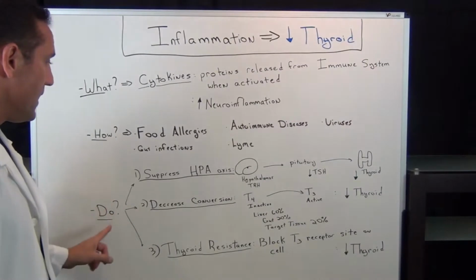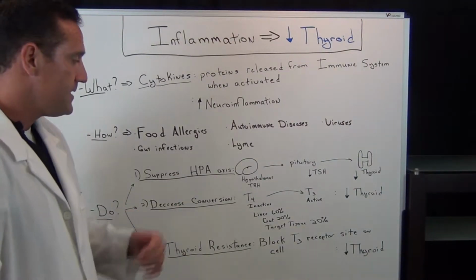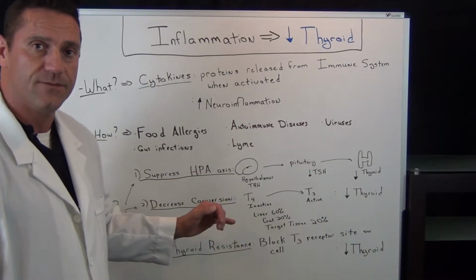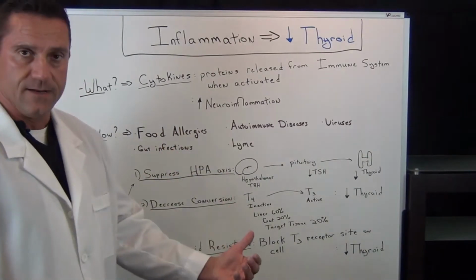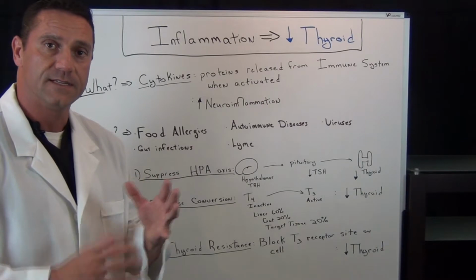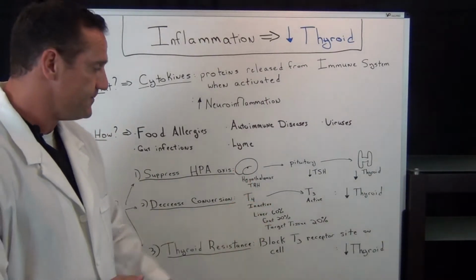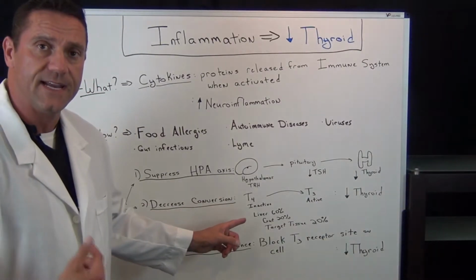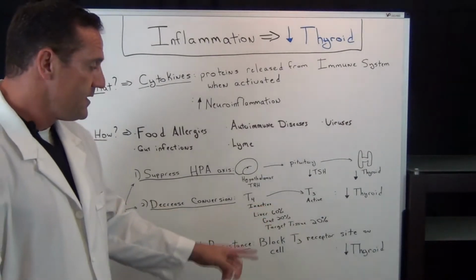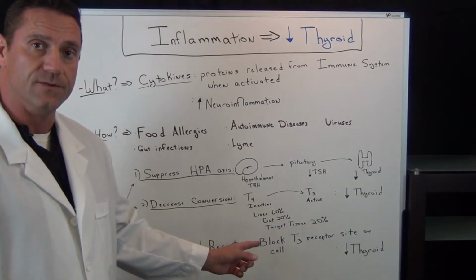Second, it also decreases the conversion. Now the thyroid gland releases 93% of inactive thyroid hormone called T4 that gets converted to the active form, T3. So 93% is inactive, 7% is T3, that's the active hormone. 60% of that inactive hormone gets converted to usable T3 in the liver, 20% gets converted in the gut, and the other 20% gets converted in the target tissue.